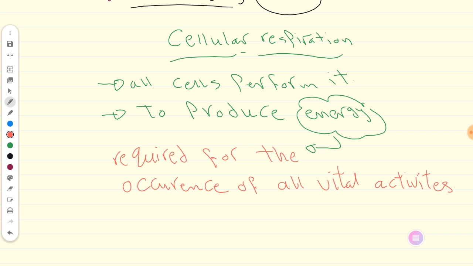So you can note that cellular respiration occurs in all cells for the production of energy. It doesn't occur inside specific cells. All cells can perform this process, but in case of the respiration process, it takes place in specific cells related to the respiratory system.